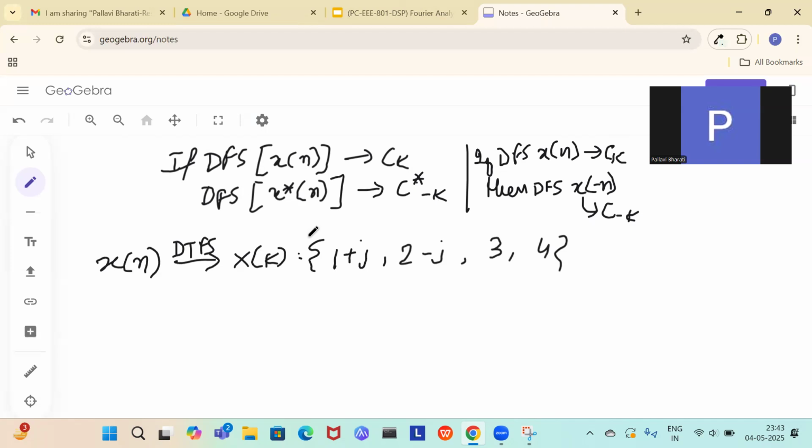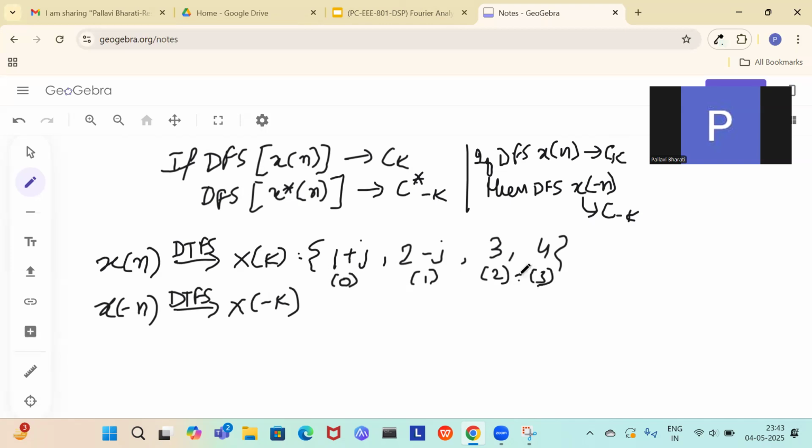So first, if we only had to take out the DTFS of x[-n], then it will be X[-k]. This is at 0, this is at 1, this is at 2, and this is at 3.